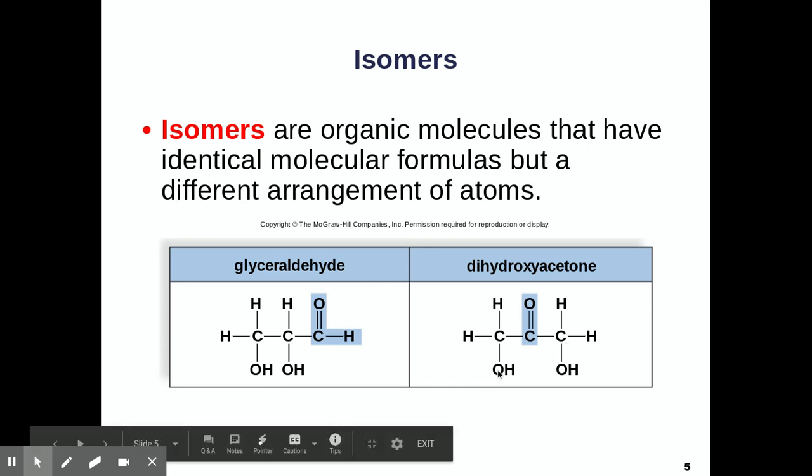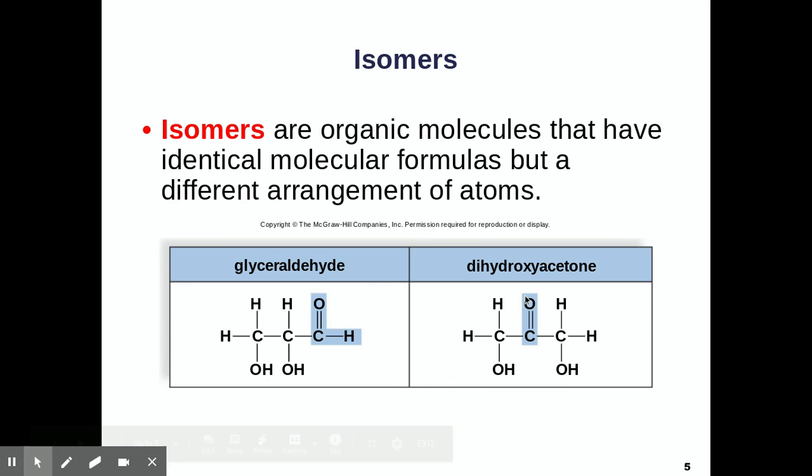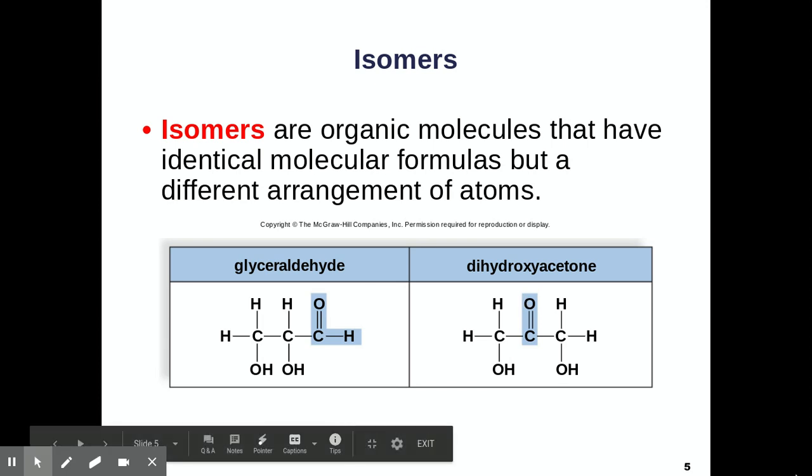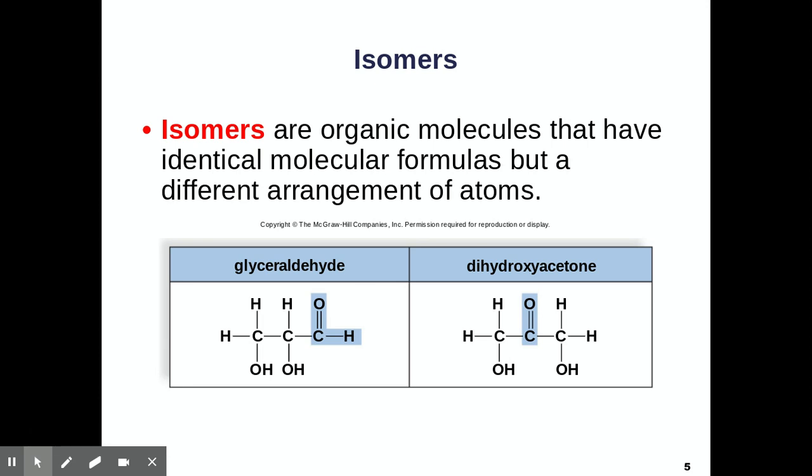C3, there are 1, 2, 3, 4, 5, 6 H's and 3 O's. So both of these are C3H6O3. But they are totally different functioning because of the arrangement of where these atoms actually are. So structure, again, determines function.